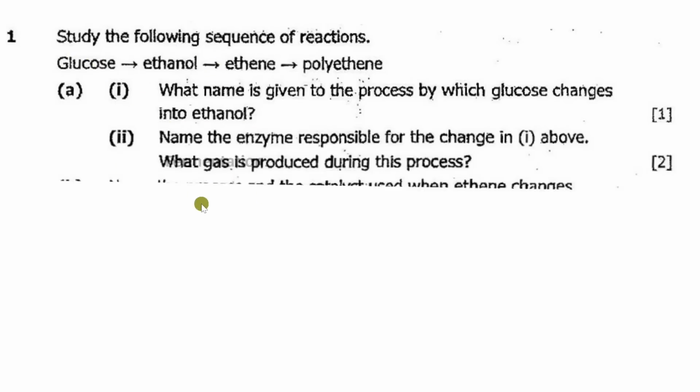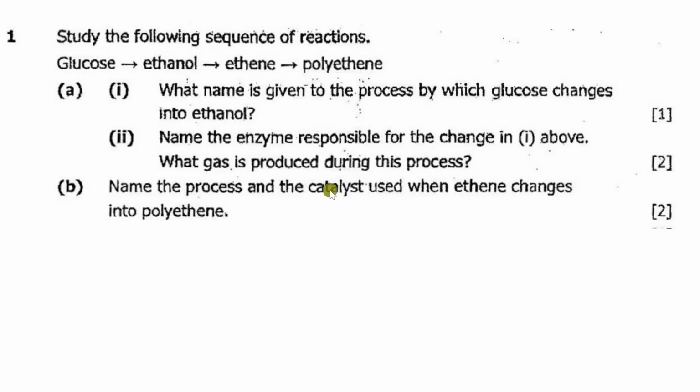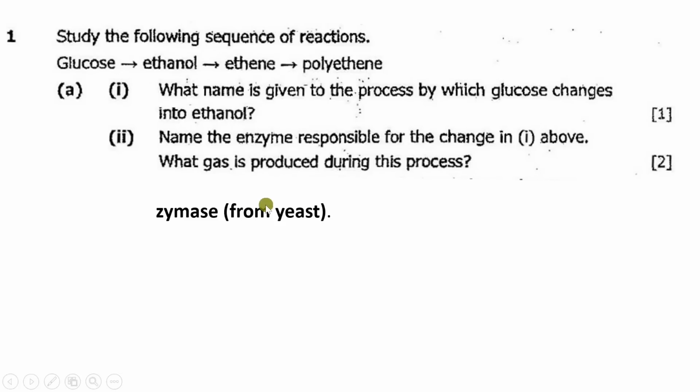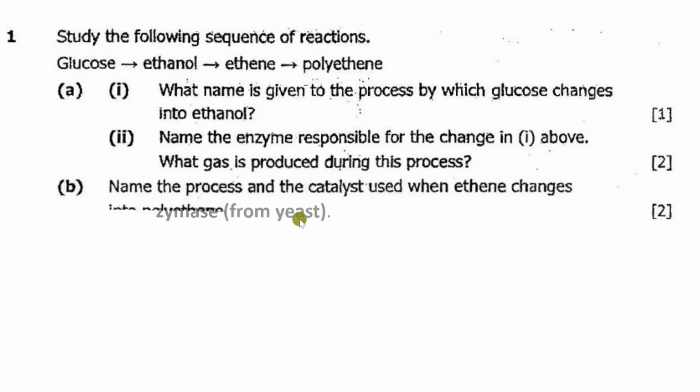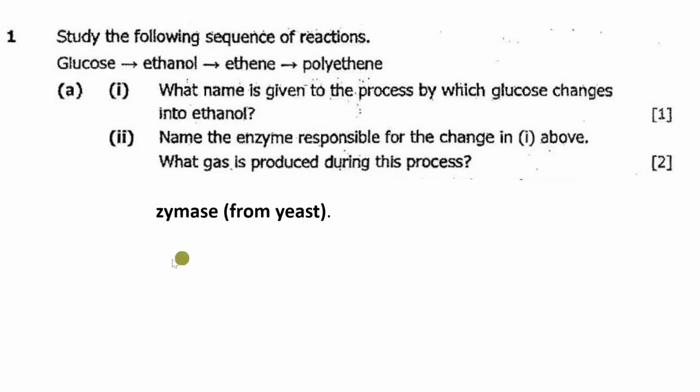So now we go to the next one, Roman numeral 2, which says name the enzyme responsible for the change in Roman numeral 1 above. What gas is produced during this process? The enzyme is zymase from yeast, and then the gas, I didn't name it. I didn't see this other part of the question.